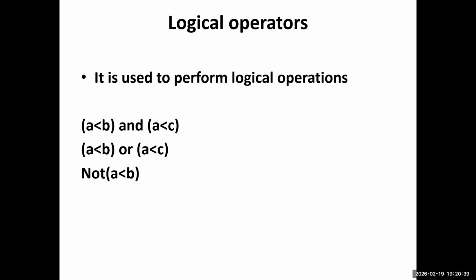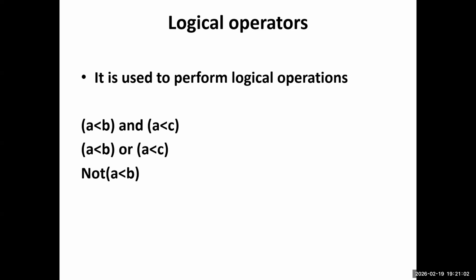If it is true but the other input is false, again false. Whenever both the inputs are true, then only it is true, otherwise not true. So this is the explanation of the AND. The truth table of AND is defined like that.